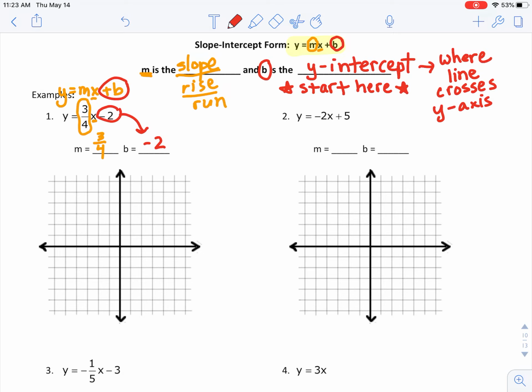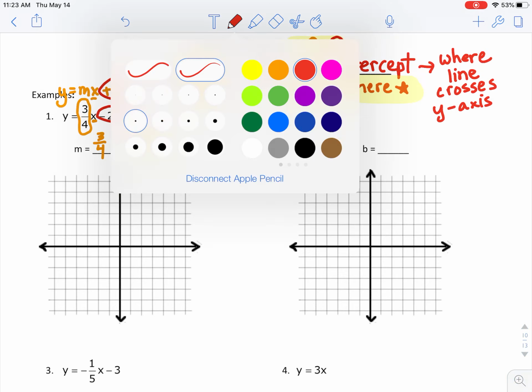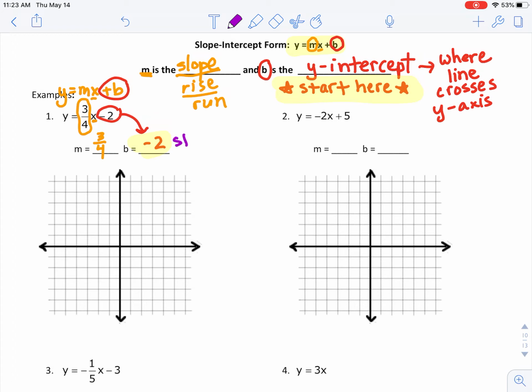So what did we say? You always start here at the b. So this is where we're going to start, and that's on our y-axis. I want to go on my y-axis down to -2. That's where I always start.